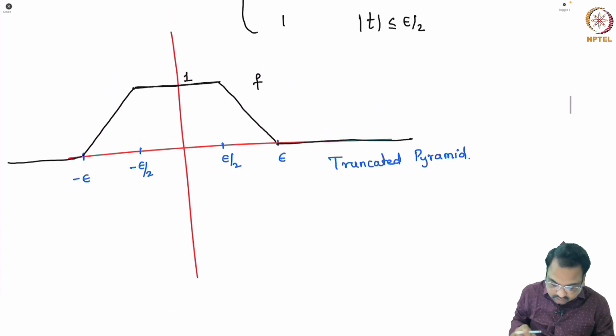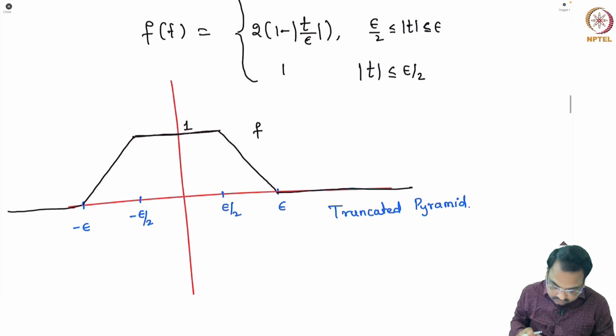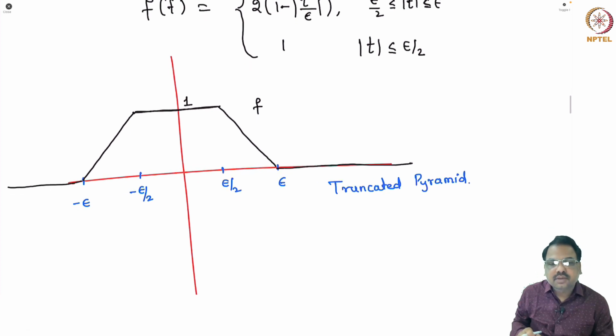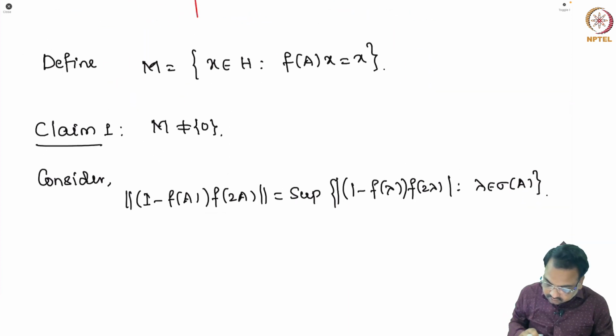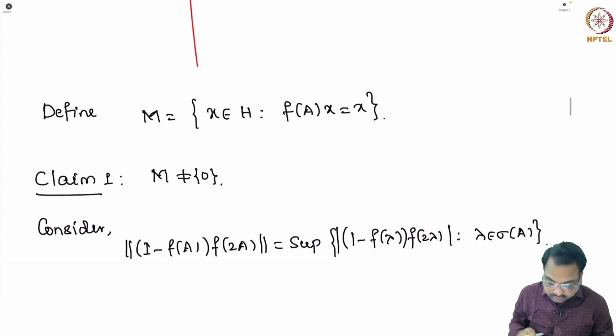Now, if you look at the graph of the function, when t is in the interval minus epsilon by 2 to epsilon by 2, it takes value 1. So in that interval, this function 1 minus f lambda becomes 0.